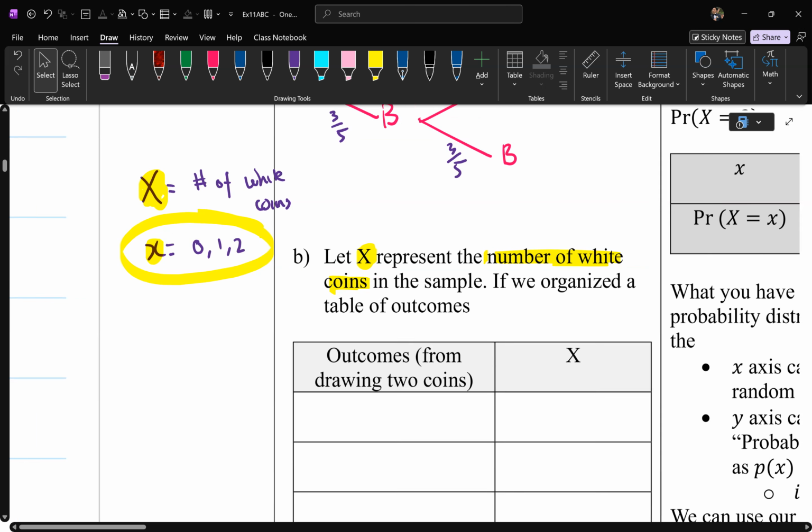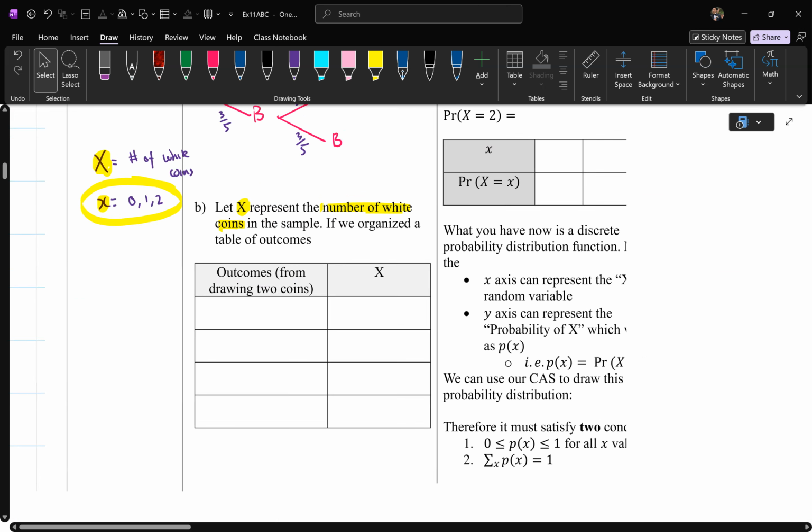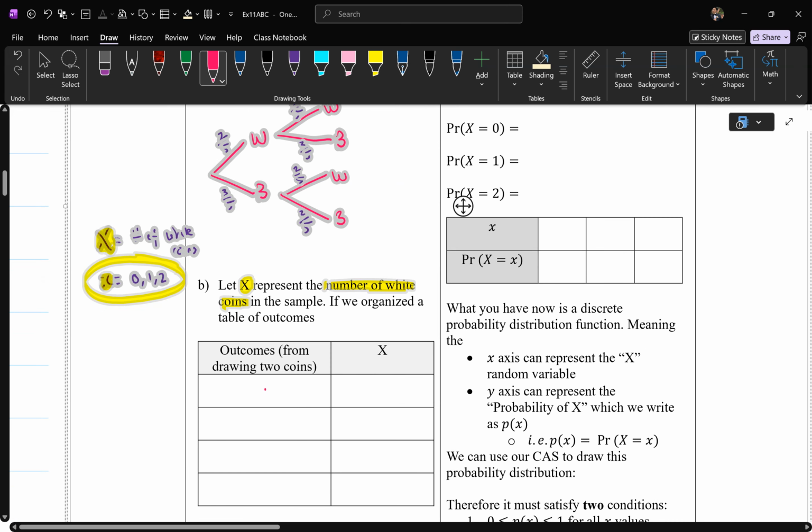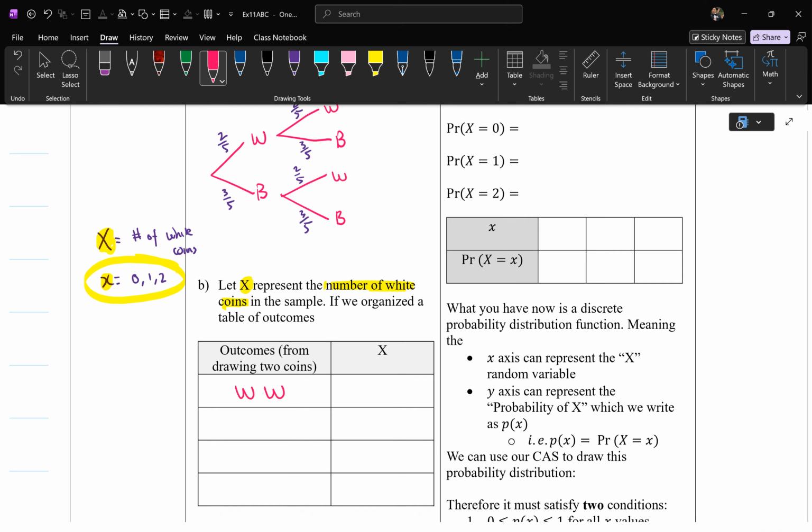So then when we put it as a distribution, let's have a look at the scenarios I could have got. We're drawing 2 coins. You could have got white and a white. Then you could have got a white and a black, or a black then a white, or a black and a black. If we count the distribution, in this case, little x is equal to 2, little x equals 1, little x equals 1 again, and in this case, little x equals 0.